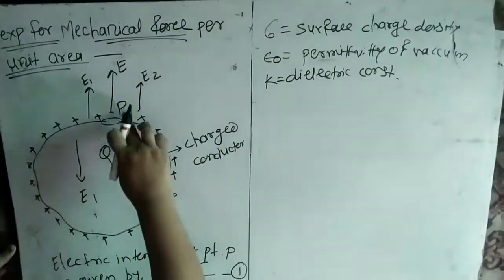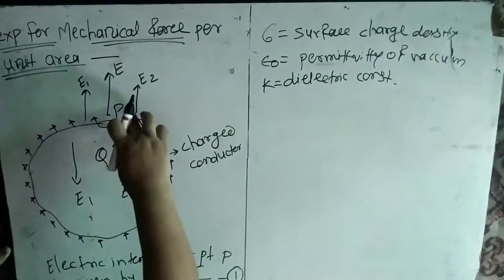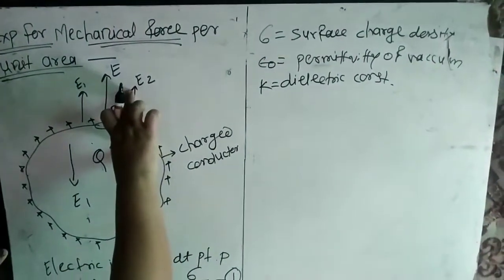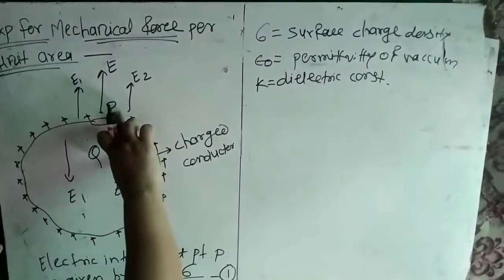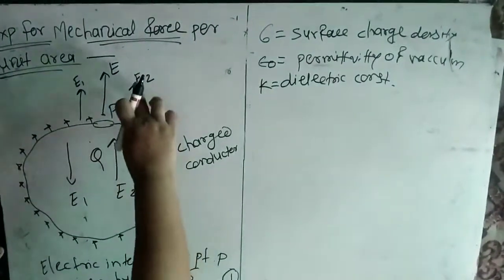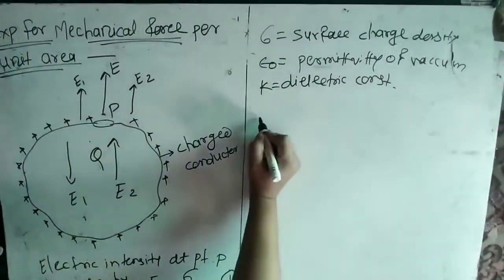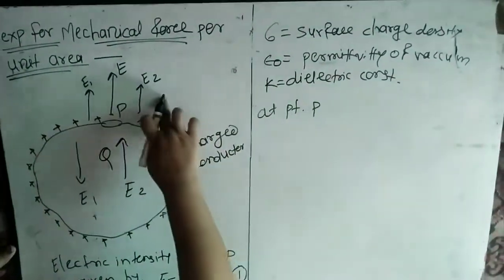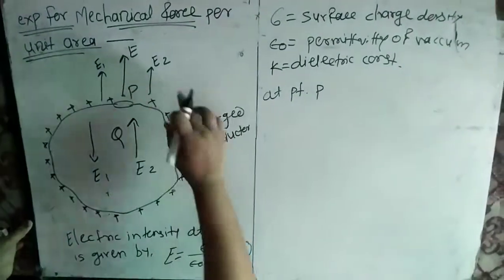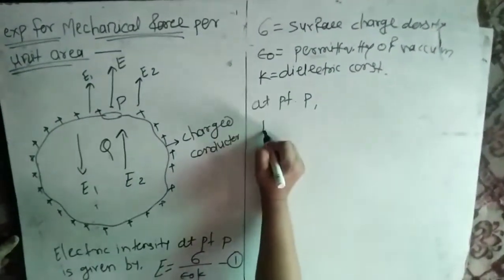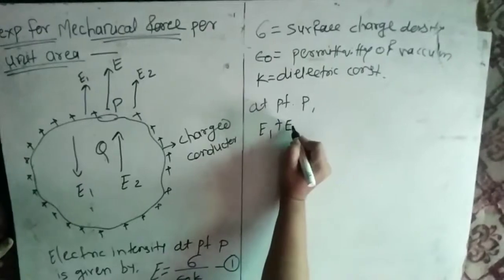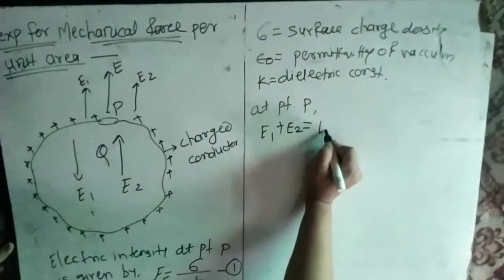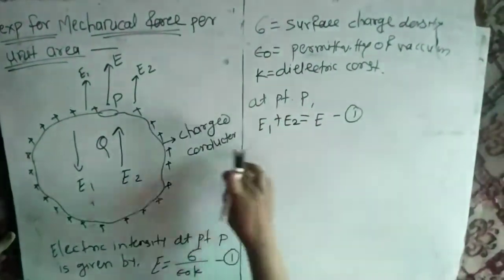Electric intensity E: there are two points, point P and point Q. The electric intensity at a point P is in the same direction, so at point P, E1 and E2 are in the same direction. So at point P, E1 plus E2 is equal to E, equation number first.